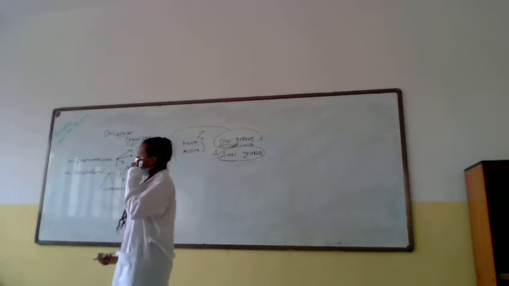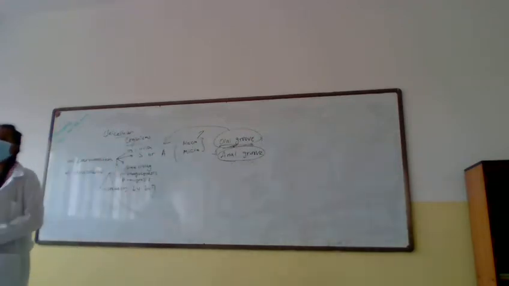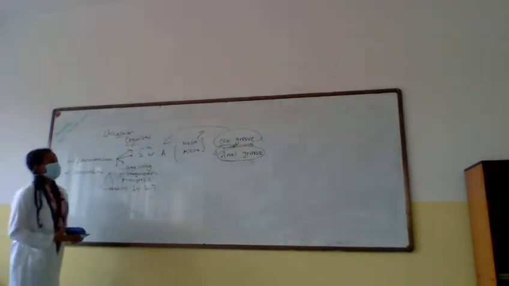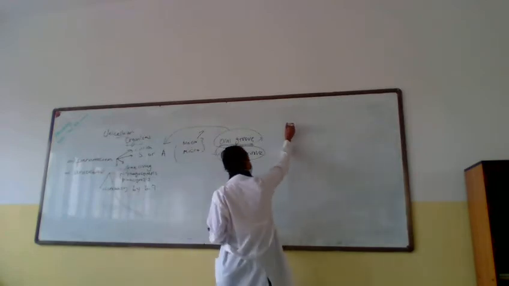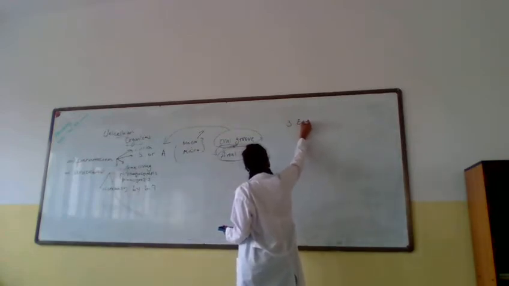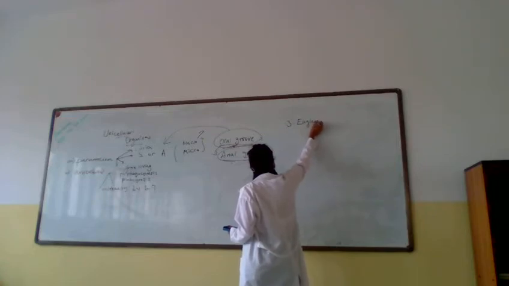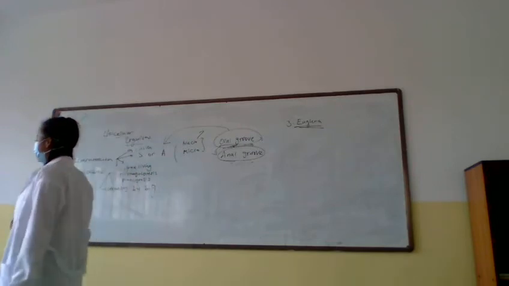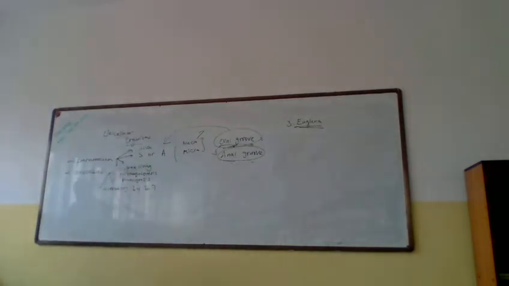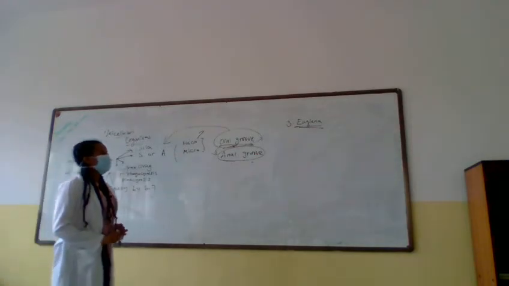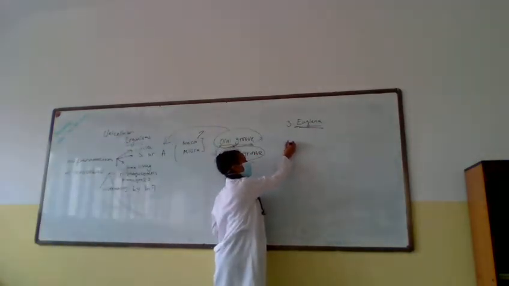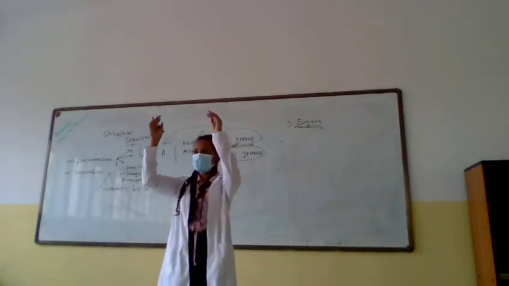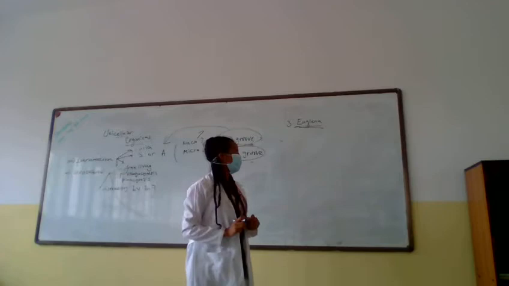Today we are going to see the rest of the unicellular organisms that are in the book. The next unicellular organism that we are going to see today is Euglena. It's a fun name, right? Euglena is another kind of unicellular organism. When we see the structure, it is oval shaped.